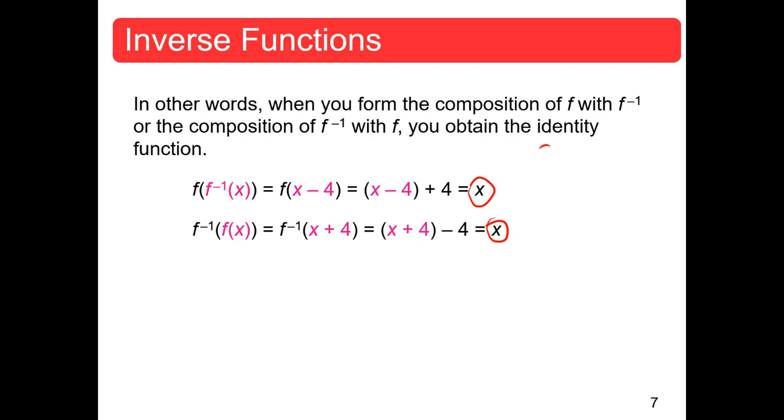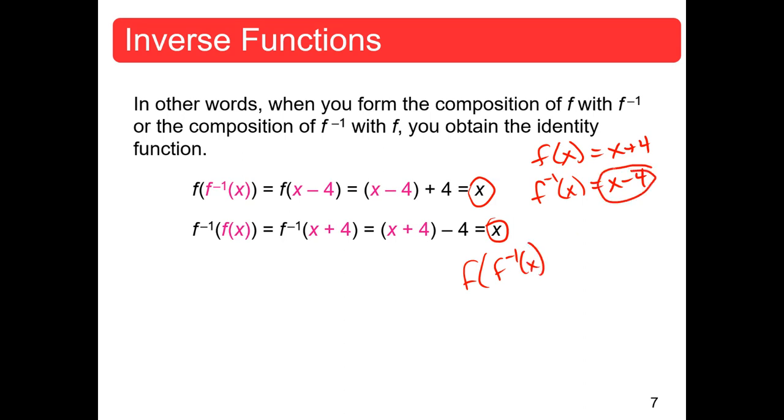So if f of x is x plus 4, and I know the inverse of f of x is x minus 4, remember, when we're taking the composite, if I do f of the inverse, I'm taking this and plugging it in for x right there.